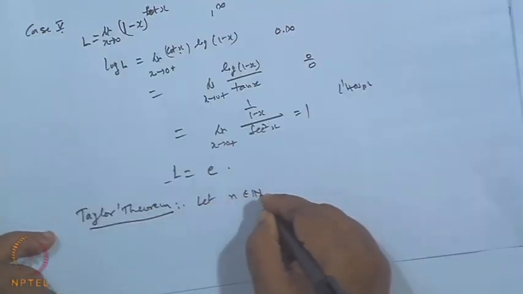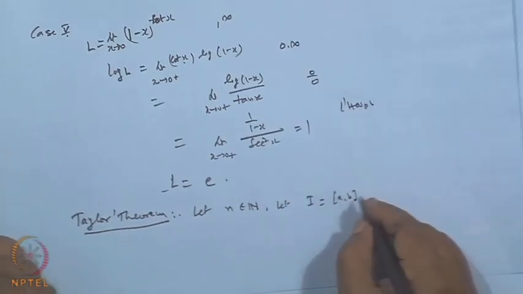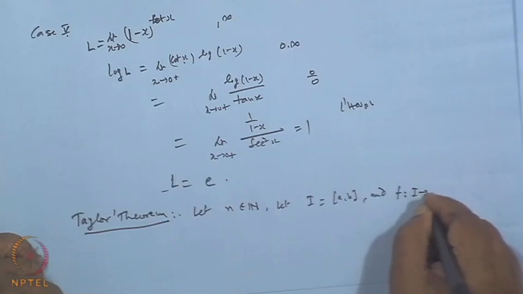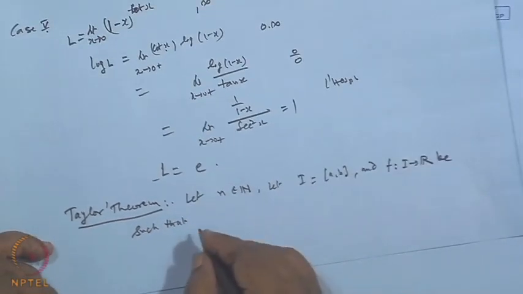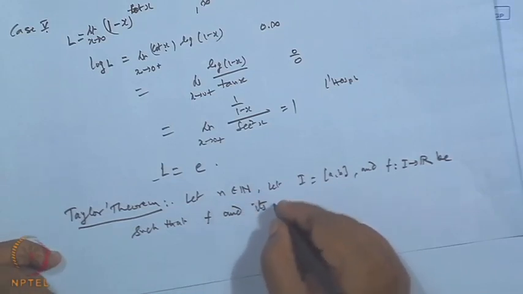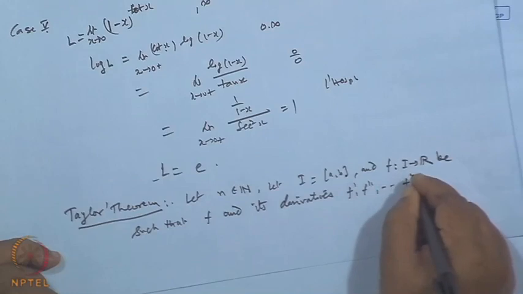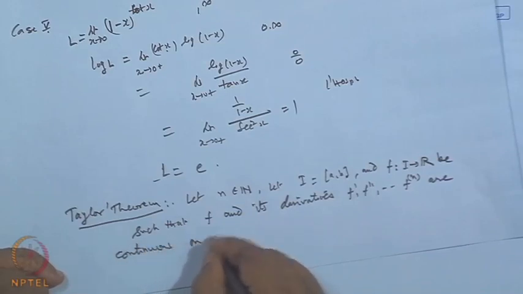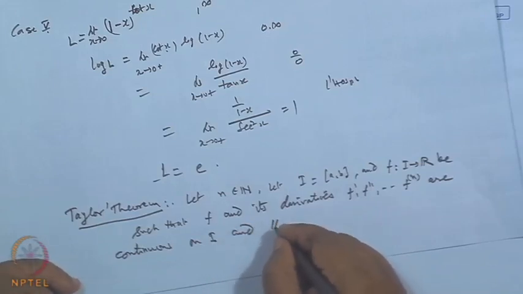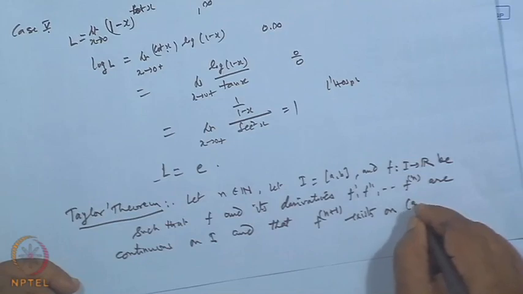What this theorem says is, let n belong to capital N, and let I be the closed interval [a, b], and let f be a mapping from I to R such that f and its higher order derivatives up to order n, f prime, f double prime, up to f^(n), the nth order derivative, are continuous on the interval I, and that the (n+1)th derivative exists on the open interval (a, b).